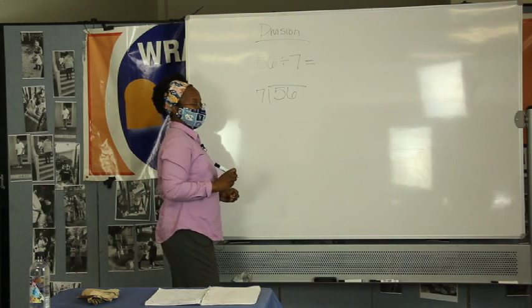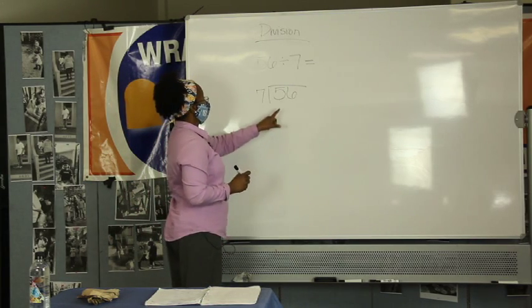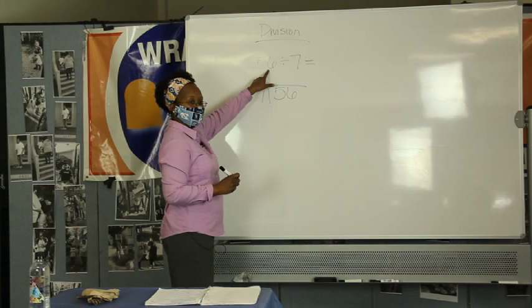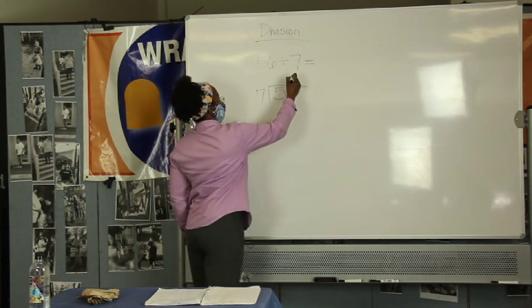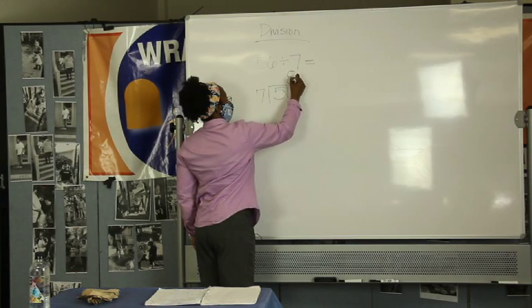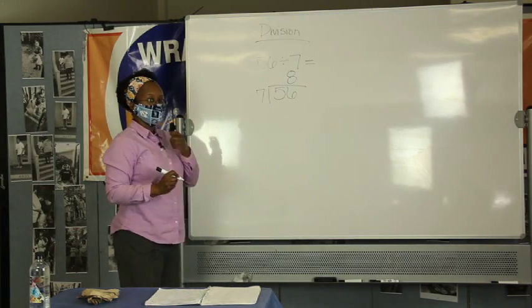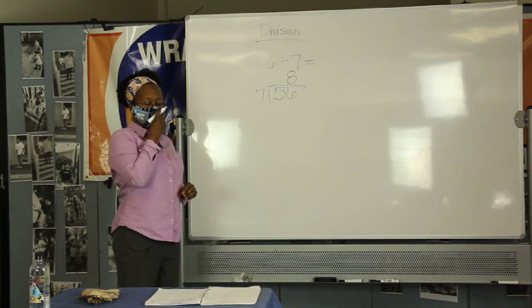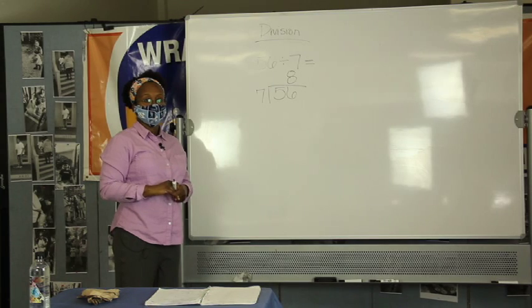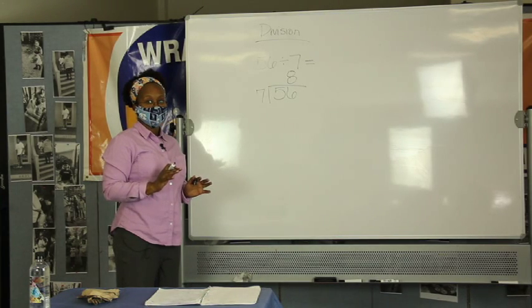Now, what is the math fact that equals 56? 7 times, it would be 8. So just remember that you need to be practicing the different looks of division so that you don't get confused.